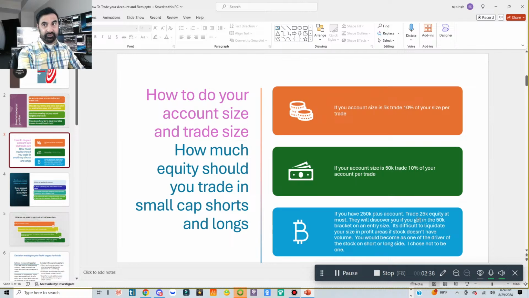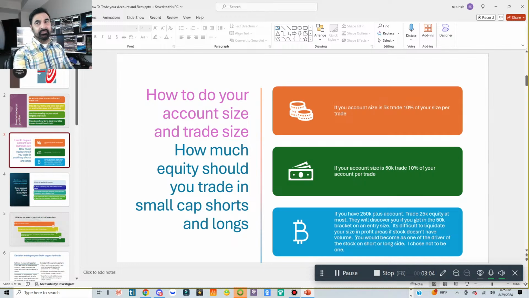They will discover you if you get into the 50K bracket on an entry size. And it is difficult to liquidate your size in profit areas if a stock doesn't have volume. Sometimes you're going to find yourself, even with 3,000 shares, trading at 6 o'clock or 7 o'clock and there's no liquidity. You're going to have issues with the covers and sells.